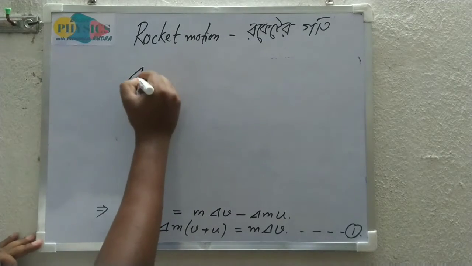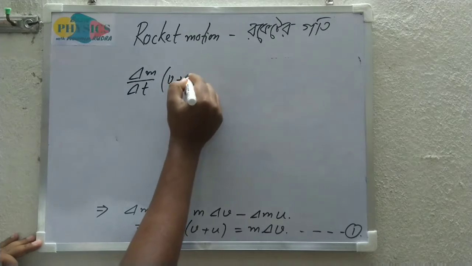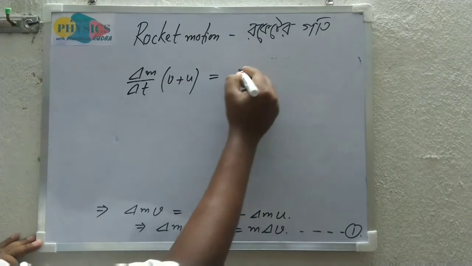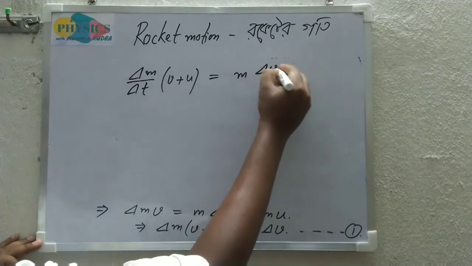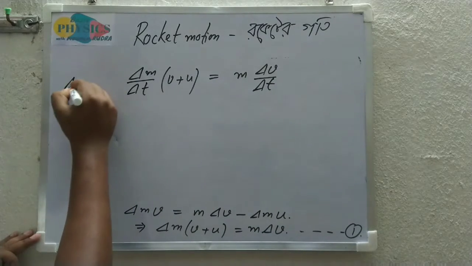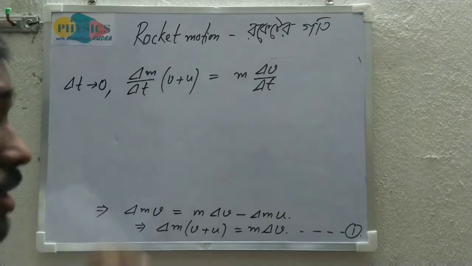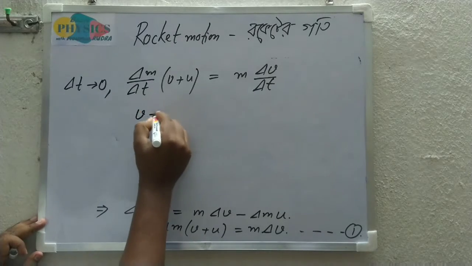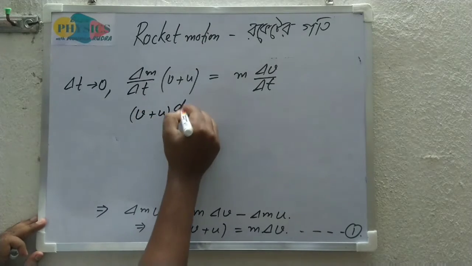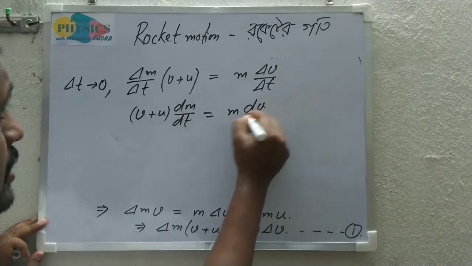Now delta m by delta t into (v plus u) equal to m delta v by delta t. Now as delta t tends to 0, delta m by delta t becomes dm/dt. So it will become (v plus u) dm/dt equal to m dv/dt.